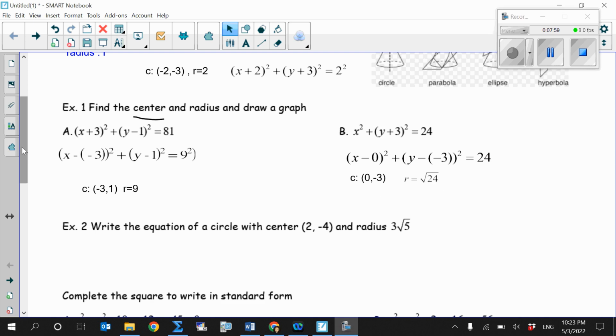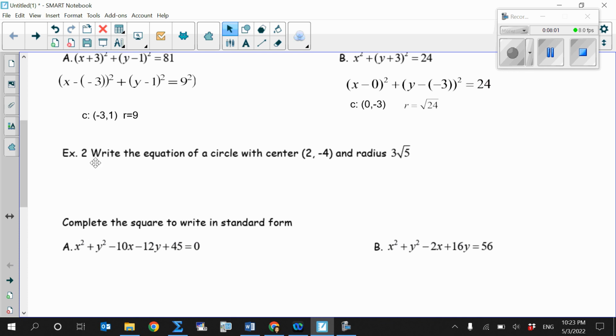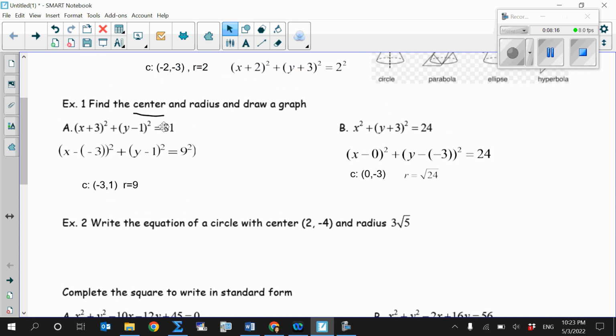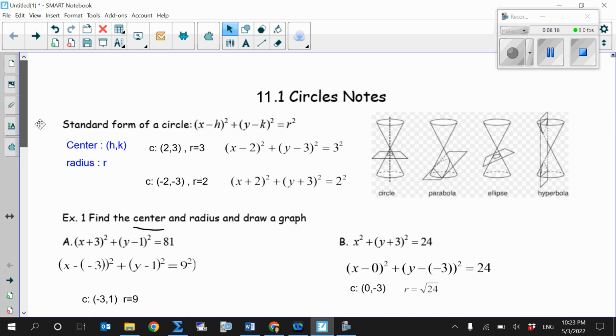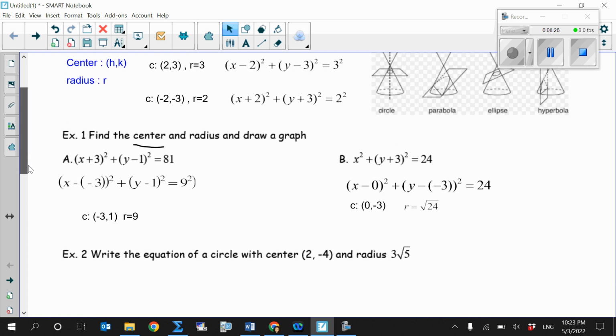Now let's go to the next example. It's asking us to write the equation of a circle with the center 2, negative 4, and the radius of 3 root 5. Okay, so we're going to follow the same rule that we have for the standard form of a circle equation: x minus h squared plus y minus k squared equal to r squared.